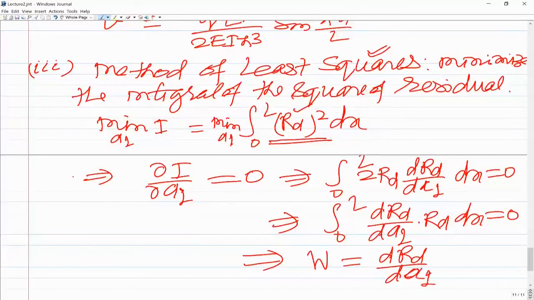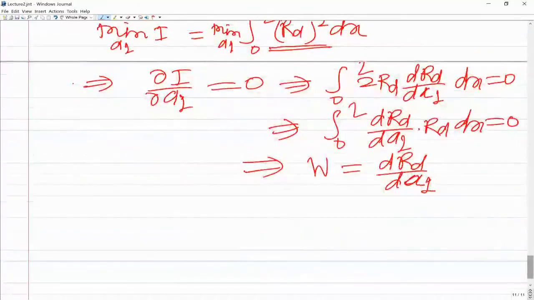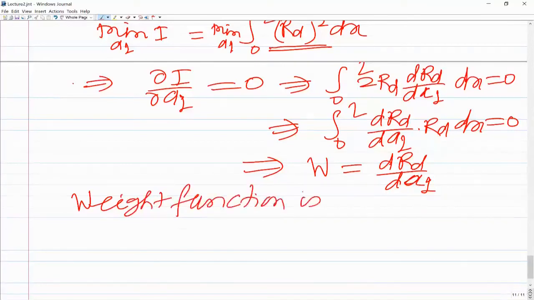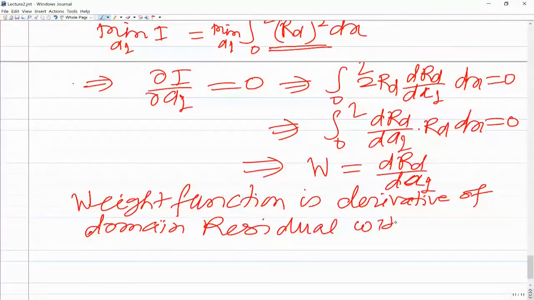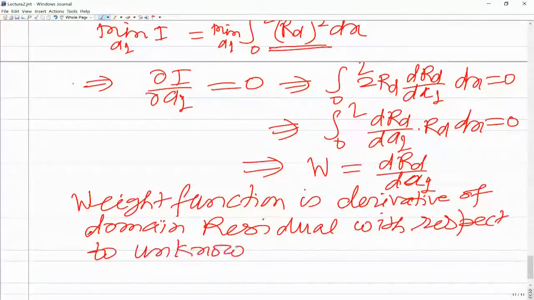So you can say that in the method of least squares, the weight function is the derivative of the domain residual with respect to the unknown constant.